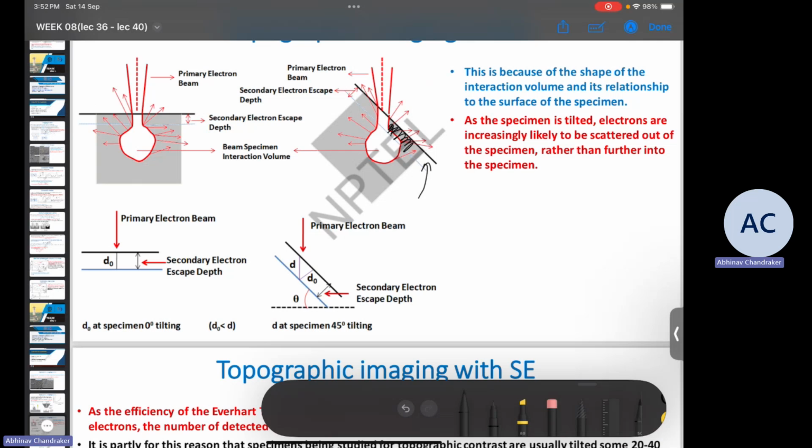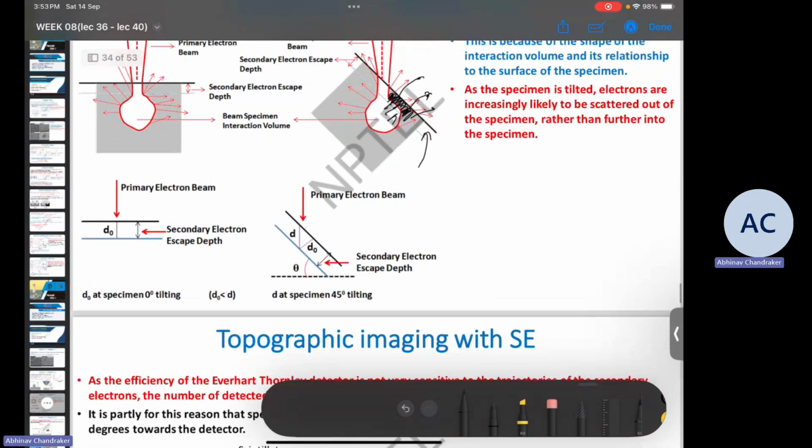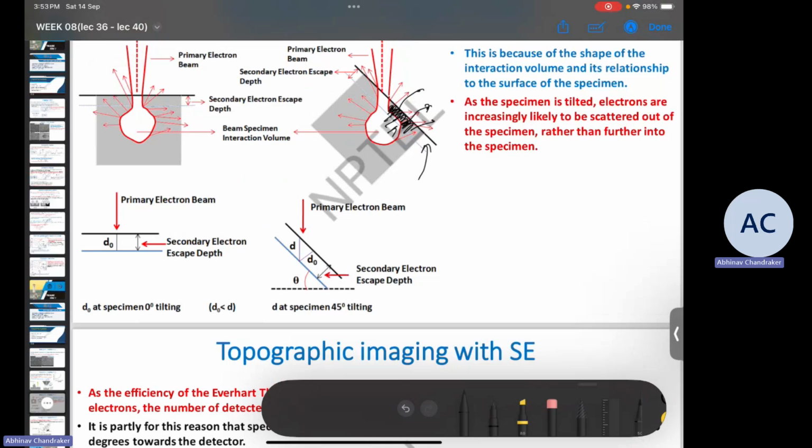As a result, the escape depth, which is constant, can easily be reached on one side of the surface. So electrons and other signals find it very easy to just overcome this small depth and come out of the surface. As a result, we see that both BSE and SE yield increase when we are tilting the specimen. And this has direct relevance to the measurement or formation of topographic contrast in the images.